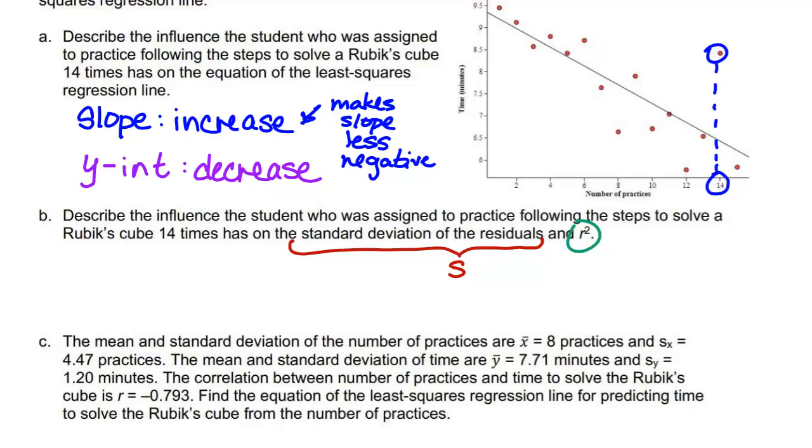So if I'm finding the standard deviation of the residuals with this point in there, would you expect it to be higher or lower than if that point wasn't there? It'd be lower without that point, right? With that point, that has a very large residual, so the standard deviation of the residuals would be really high.